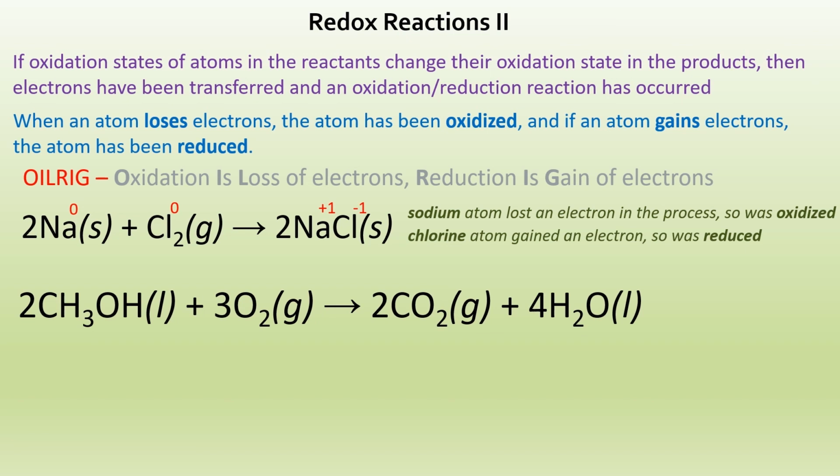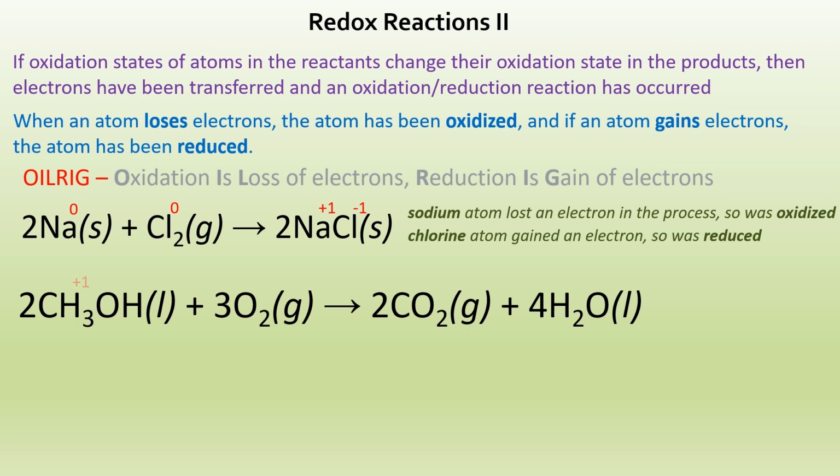Now let's look at the complete combustion reaction of methanol liquid at 25 degrees C as our second example. We know that for a complete combustion reaction of an organic molecule such as methanol, the other reactant will be oxygen gas and the products will be carbon dioxide gas and liquid water. The balanced chemical reaction is shown.